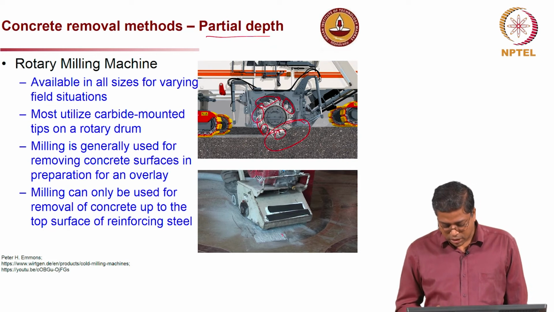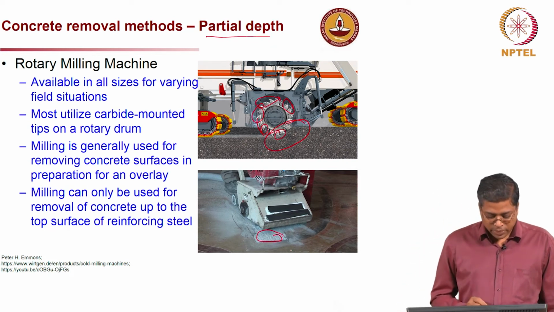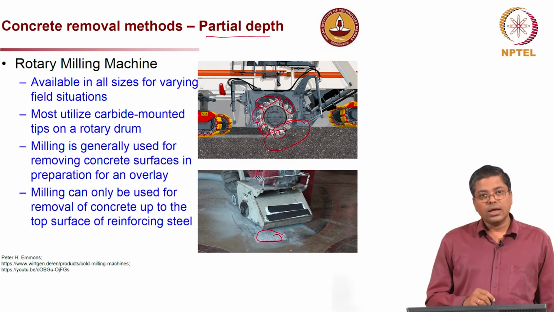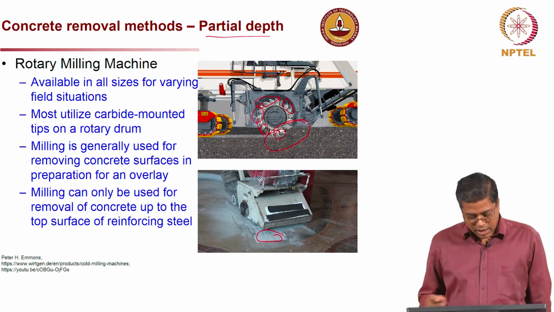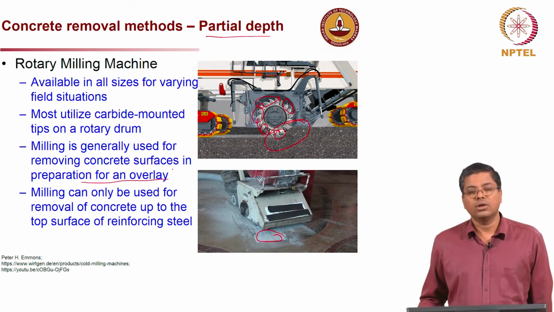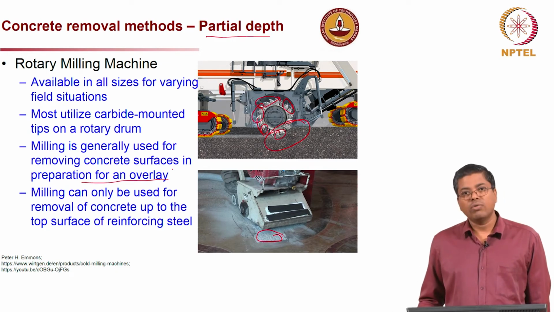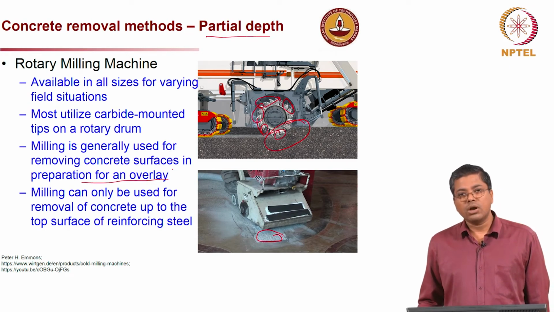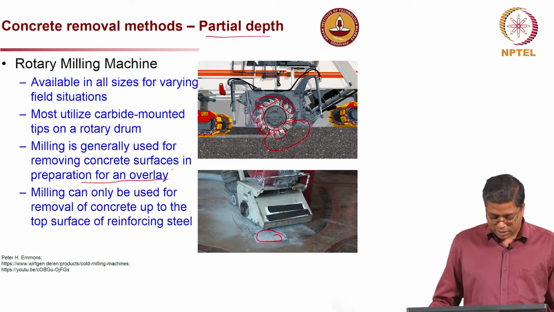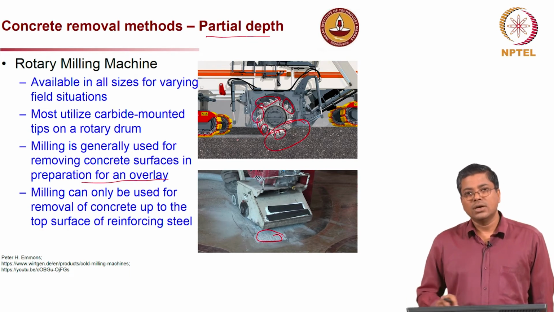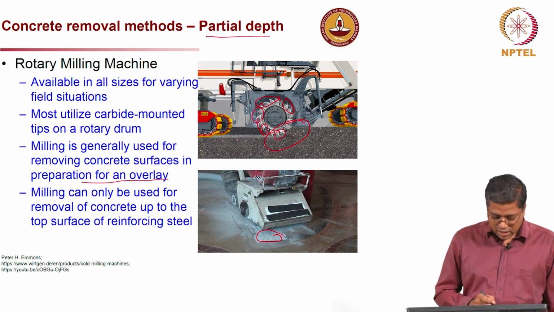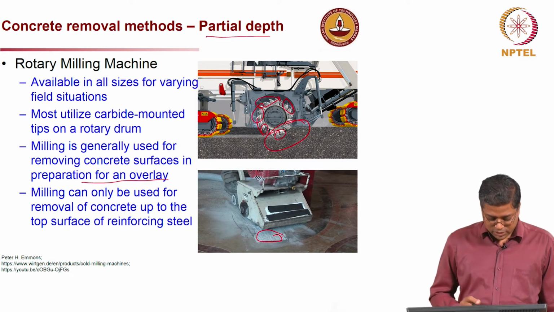This is especially used for very large surfaces, like a highway, road structure or pavement, where you want to provide an overlay, and in such a case you want to ensure that there is very good bond between the overlay and the substrate. So a milling machine also ensures there is sufficient roughness on the concrete surface.